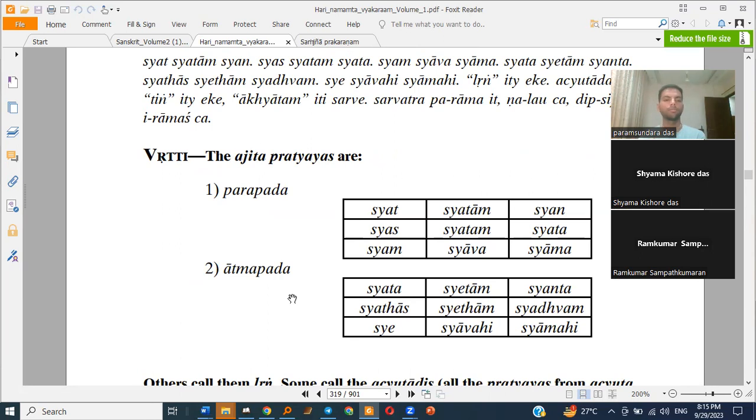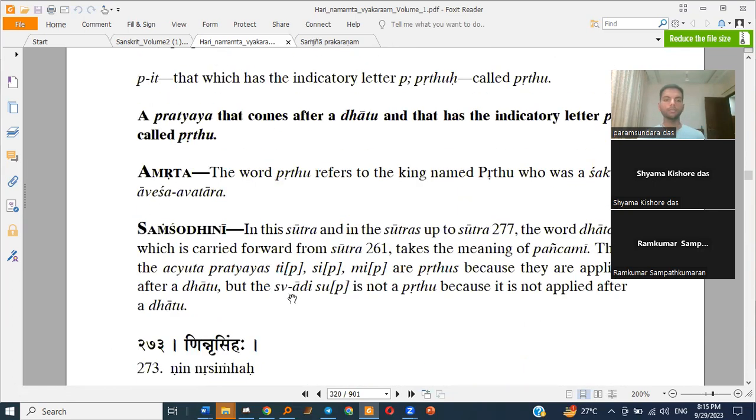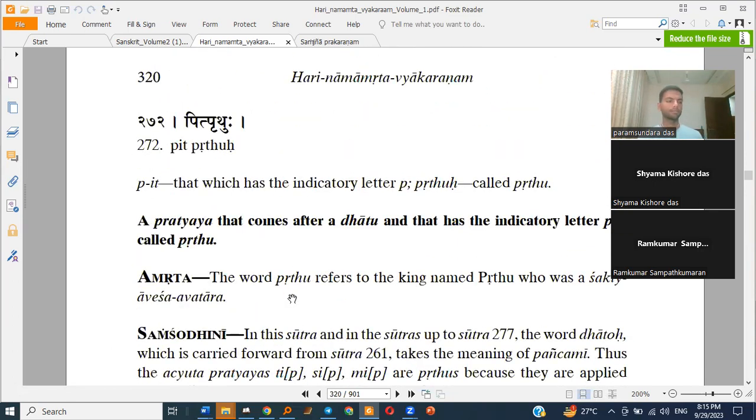So these were the pratyas, the akhyata pratyas. Then we did a few sutras, like a few Sangha sutras, like what is Prithu, Nrsinga, Shiva, Nirguna, Kapila, Tansari, ityadi.